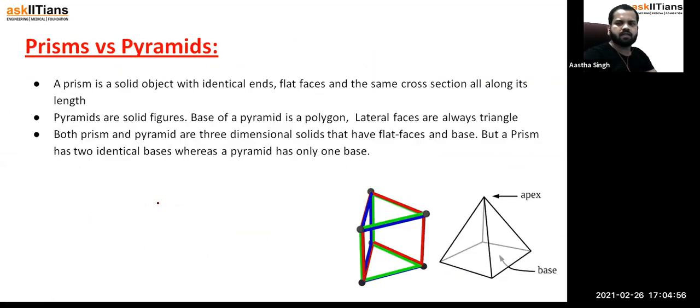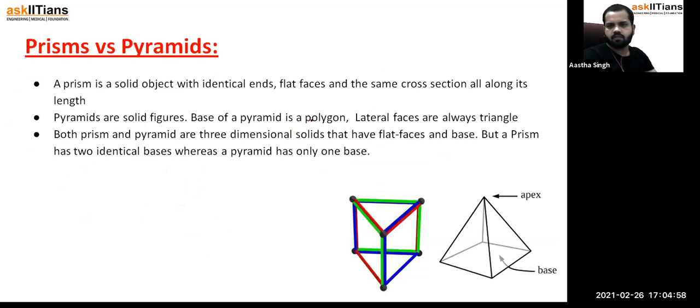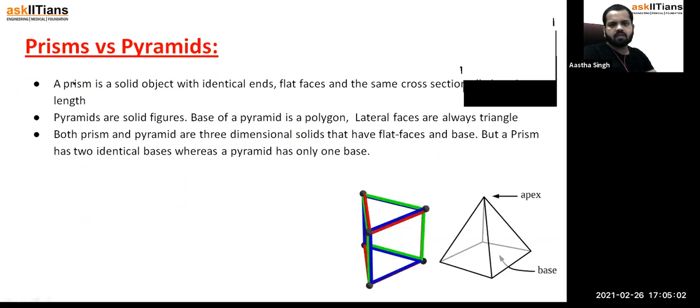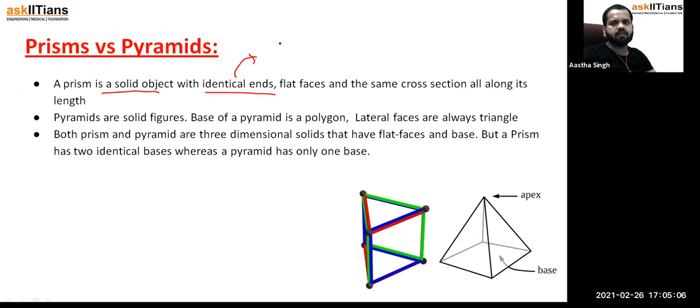Now let us study prism versus pyramid. A prism is a solid object with identical ends, meaning top and base, flat faces, and the same cross section all along its length.